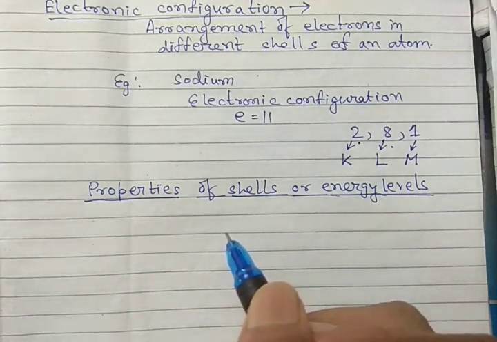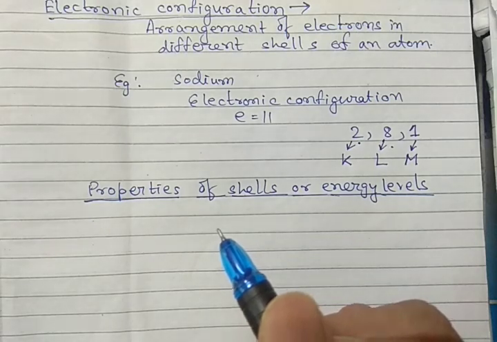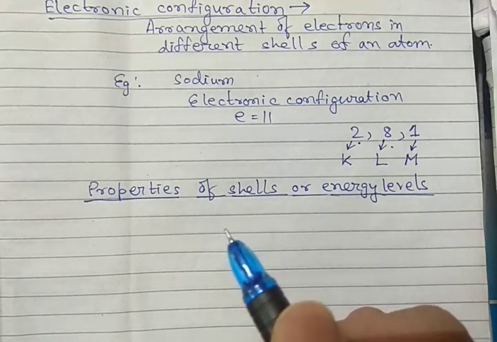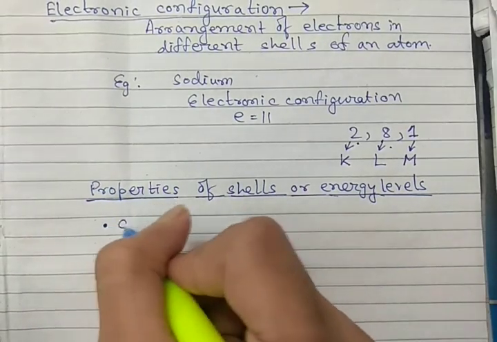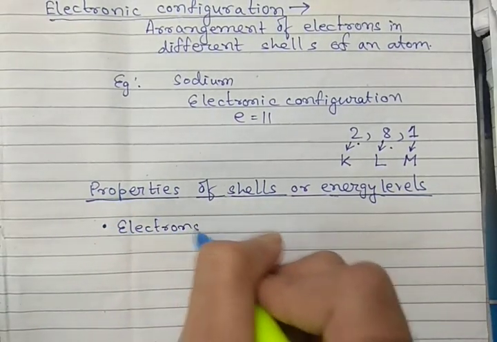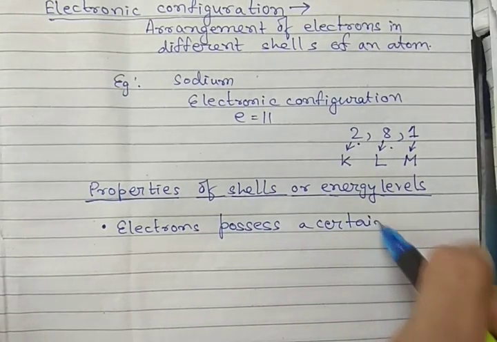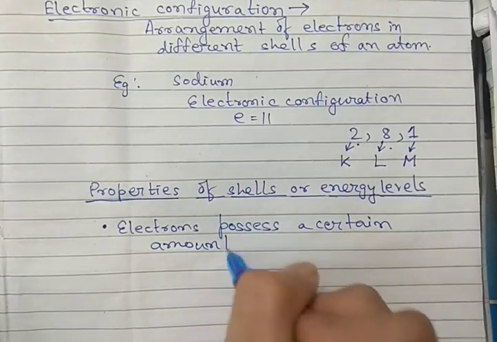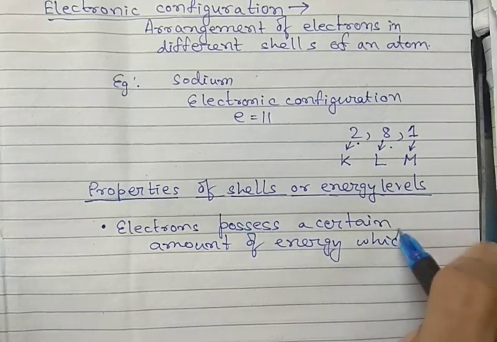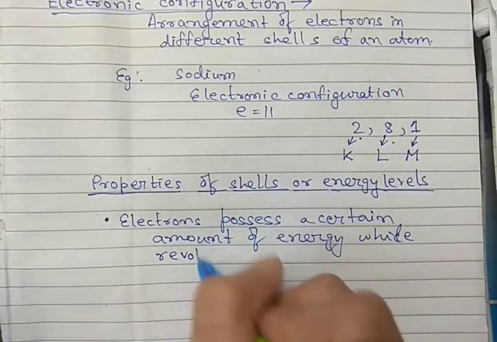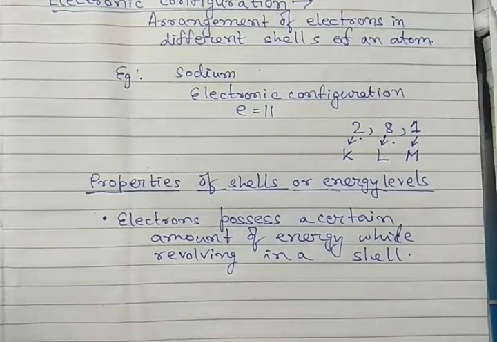Okay, so all the shells are also called energy levels because electrons possess a certain amount of energy while they revolve in a shell.